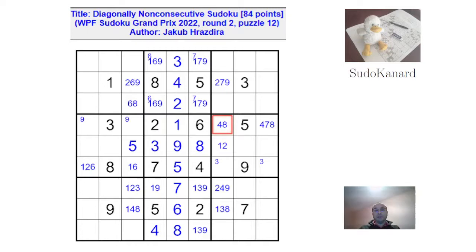8 here would be powerful. It would make this a 1. This is not 7. So it could be 1, 2, 4, or 6. I don't see any issue with any of them. This wouldn't be a 4 because of this 3. So that's 7, 8, or 9.